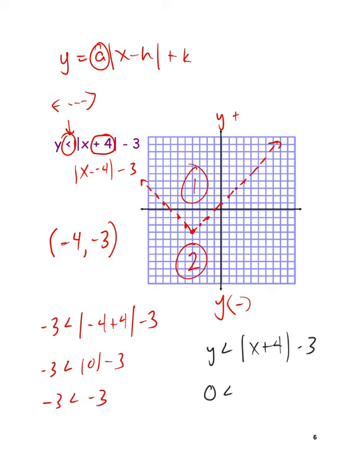So we'll put this in, 0 plus 4 minus 3. So is 0 less than 4 minus 3, since the absolute value of 4 is 4? Yes, of course, 0 is less than 1. So that is true. So the point 0, 0 right here should be in the shaded region, which it is.